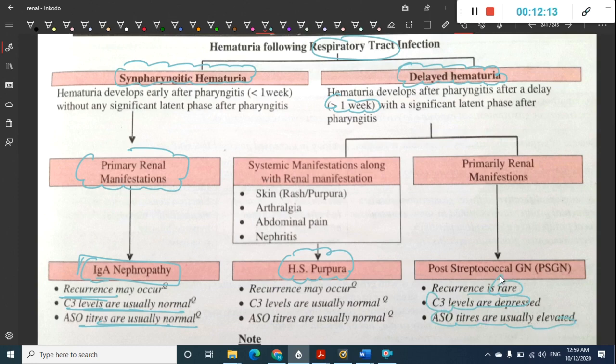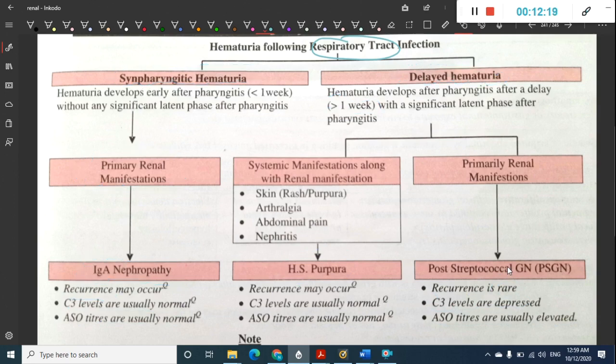So this is about hematuria following respiratory tract infection. In this we have two types mainly. One, synpharyngitic, where hematuria occurs within a week of pharyngitis. Delayed, where hematuria develops after 1 week of pharyngitis. In synpharyngitic hematuria, the main differential diagnosis is IgA nephropathy.